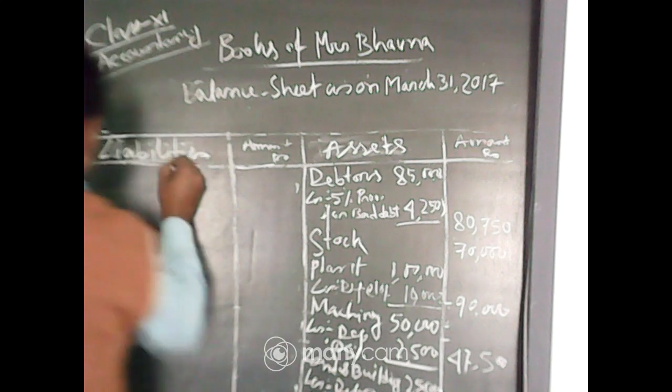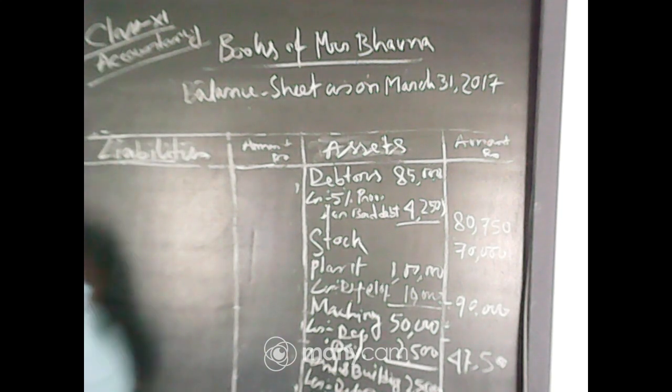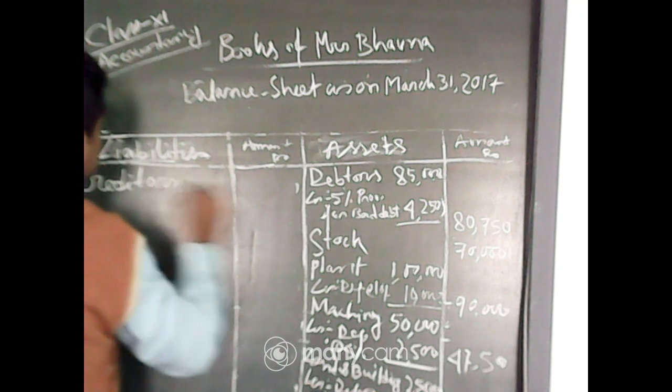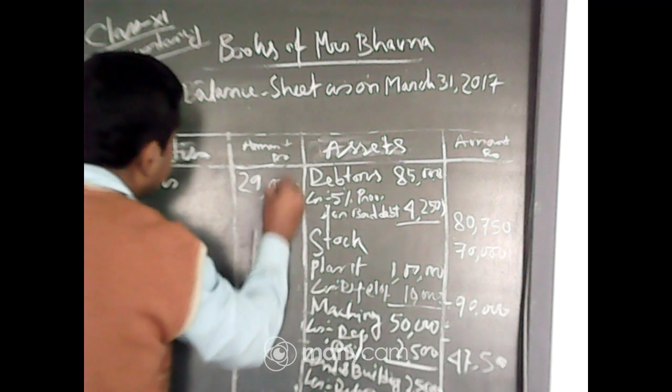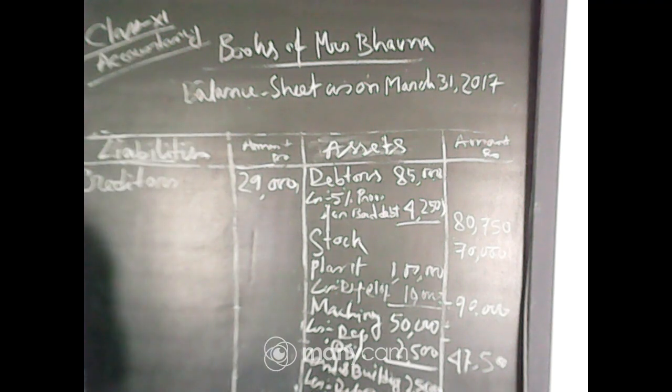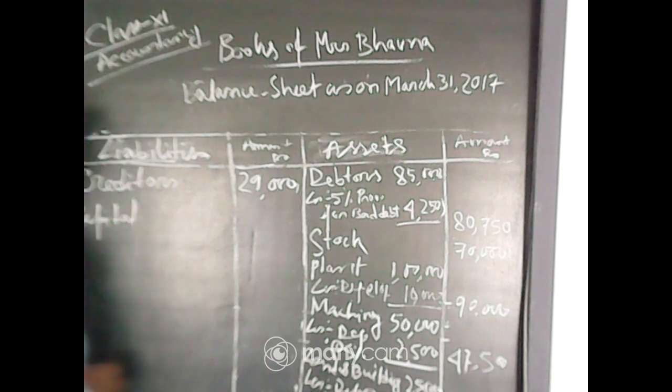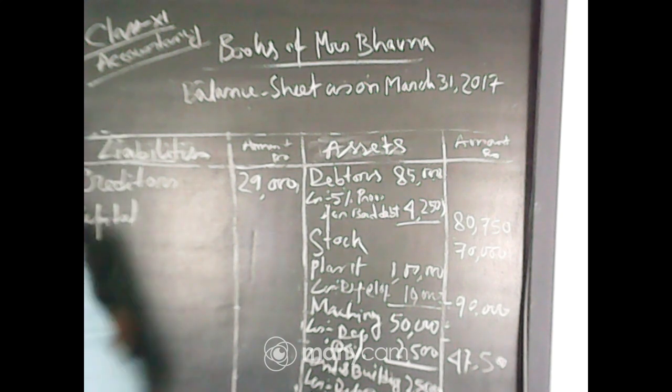Now in case of liability, what will become first is creditors closing balance, that is 29,000. Now next is capital. Opening capital is not given in the question, we actually ascertain through statement of affairs the value of opening capital.